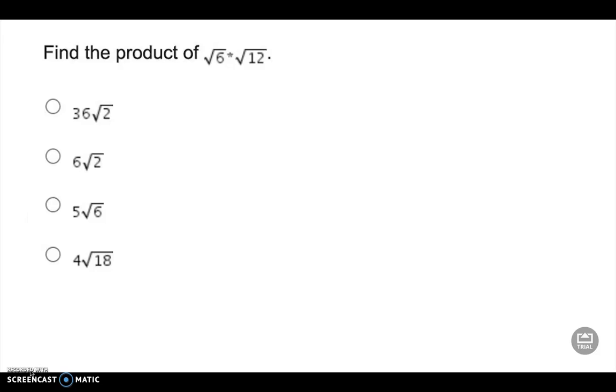So the square root of 7 stays the same, and we add the 4 and the 6. When we're finding the product of radical numbers, we can rewrite this by factoring. This is 2 times 3. This is 2 times 6, which is 2 times 3. So there's a couple ways I can do this. I can factor them each like that, and say that's all equal to the square root of 2 times 3 times 2 times 2 times 3.